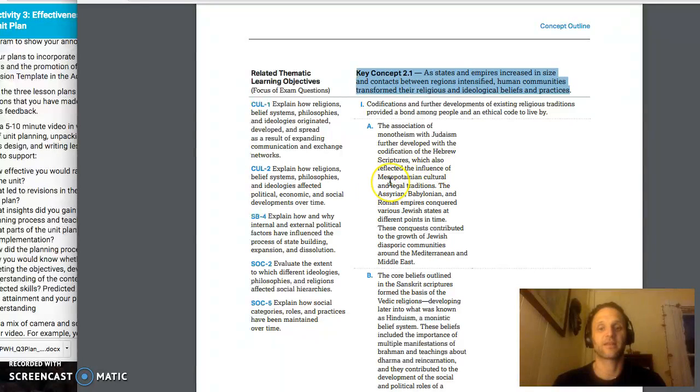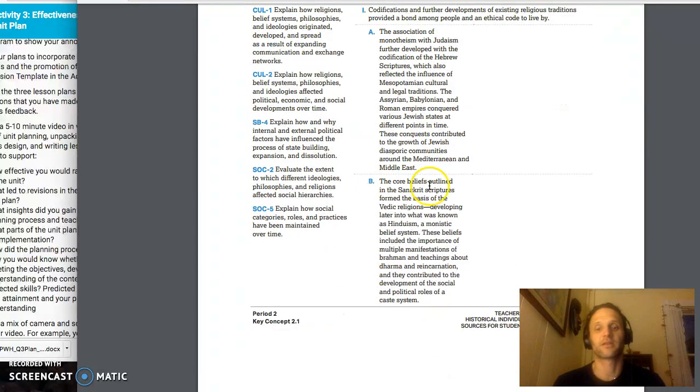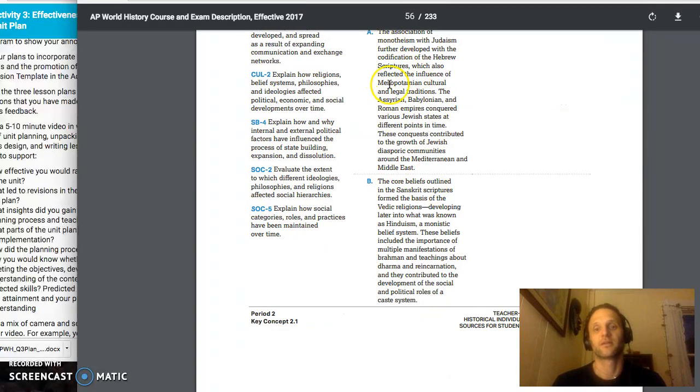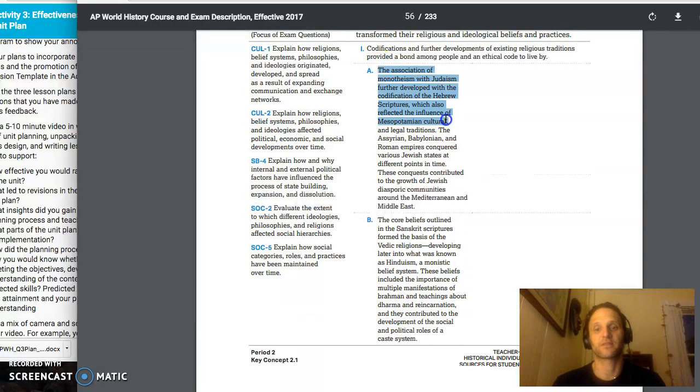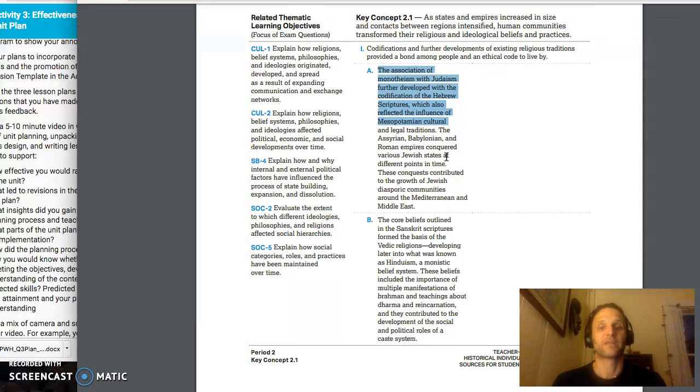So in terms of the content, the AP outlines very clearly what the content is that our students need to know for the exam. Then my job is also to translate this content into lessons. So what's a great, effective way to teach the idea that monotheism with Judaism further developed with the codification of Hebrew scriptures, etc., etc. So that's the challenge of coming up with unit plans for us.